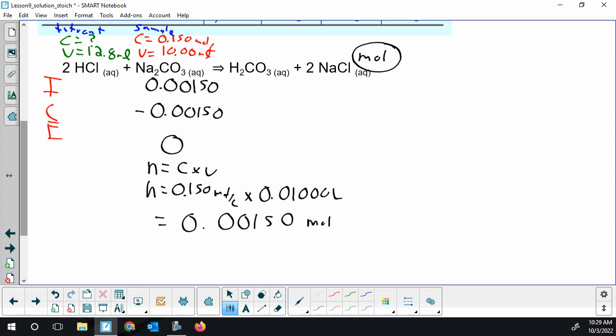The methyl orange, when the methyl red turned orange. My stoich isn't 1-to-1 this time. If I take the given and look at the required, there's 2 hydrochloric acid for every 1 sodium carbonate. So the required is a 2, the given is a 1. So we have a doubling of the amount of moles of HCl that must have been there.